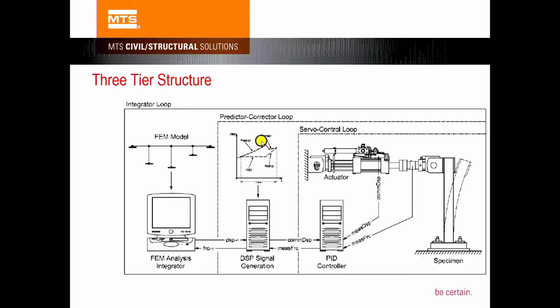In between, the predictor-corrector predicts the command if the FEA solver couldn't provide the command in time, and it keeps predicting until the model is solved. Then the predictor-corrector goes to correction mode, from the predicted command to the calculated command.